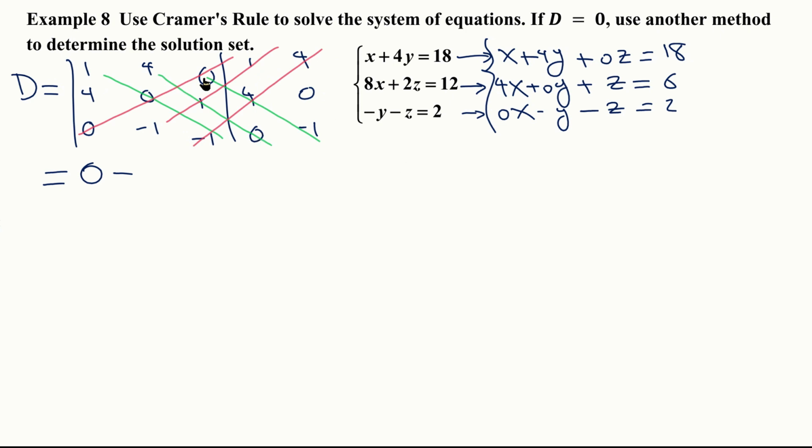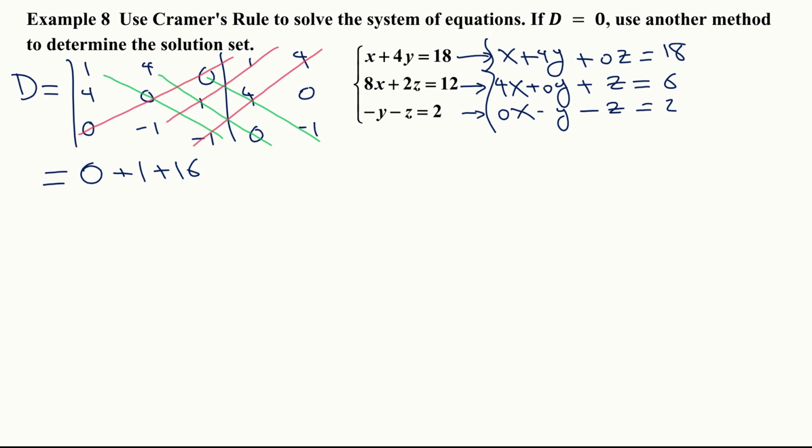Minus, there's a 0. I don't need to write it. And then there's 1 times 1 times -1. So that's -1. And it's minus a -1. So it becomes +1. And the next one is 4 times 4 is 16, -16. So minus a -16 becomes +16.